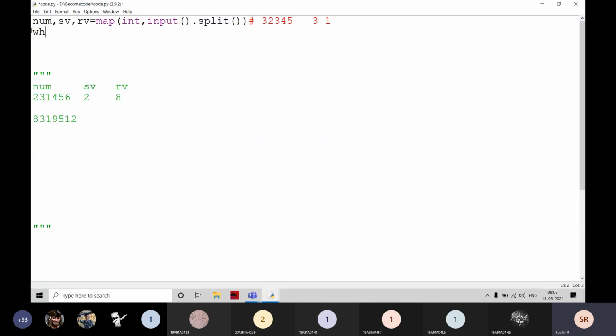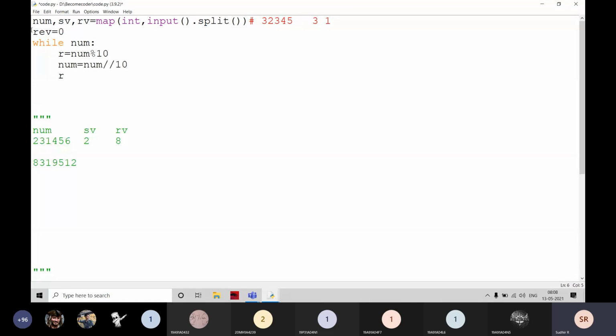For reversing the value, I'm going to take rev is equal to 0, while num, and before that, no need of that. Okay, I'm going to write the reverse: r is equal to num mod 10, then num is equal to num by 10, then rev is equal to rev into 10 plus r.